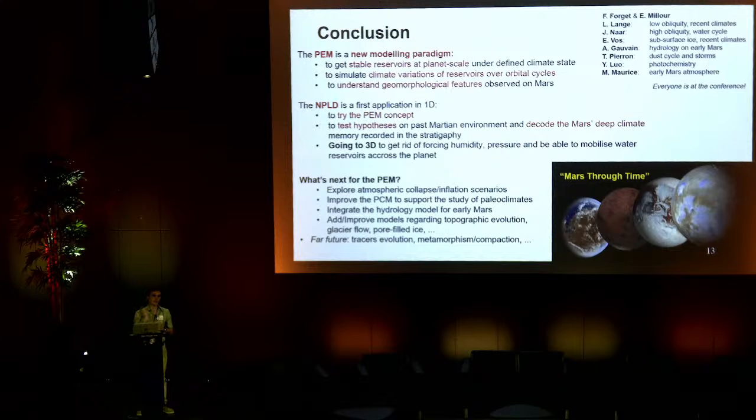And you heard the presentation yesterday from Alexandre Grovin about the hydrology, and one of the next steps, really soon, is to integrate the hydrology model of Alexandre inside the PEM to try to make some early Mars simulations with that. So that's the plan.